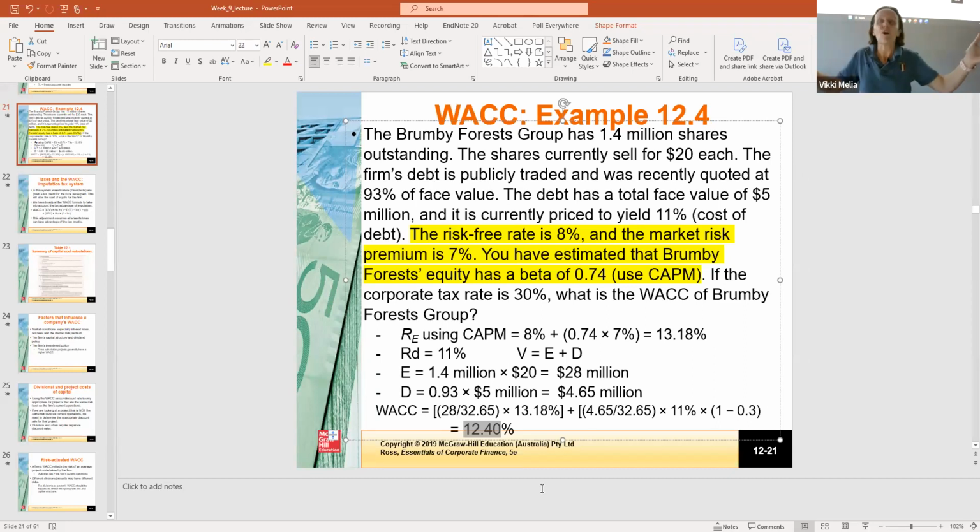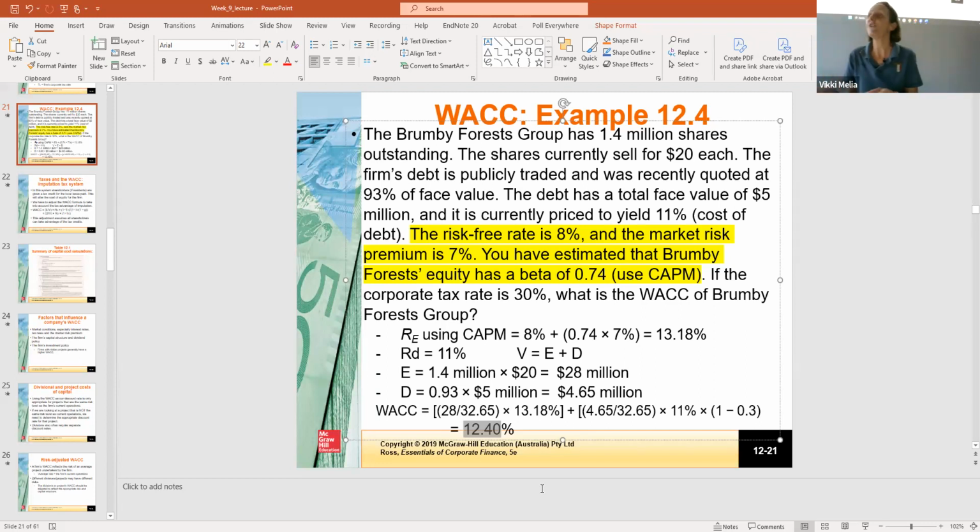So why do we need to know that? That's the minimum that they need to earn from their assets. They need to earn at least 12.4% from their assets to be able to give the required returns to the debt holders and the shareholders.